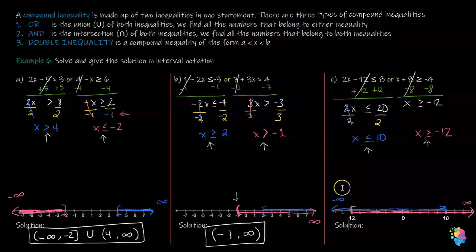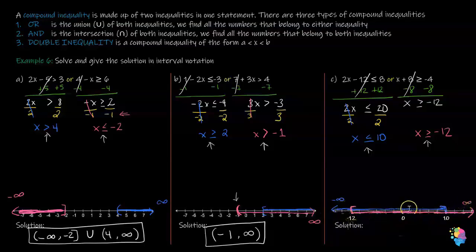So to find our solution, remember we read our number line from left to right. And what we're going to notice, going from left to right, is that every single number is being shaded. On the left side by the first inequality, and towards the right side by the second inequality, and in the middle by both.